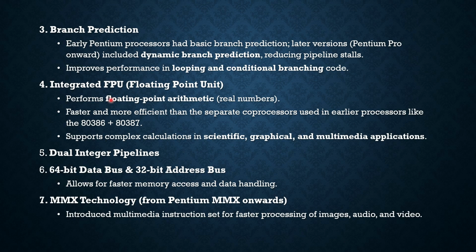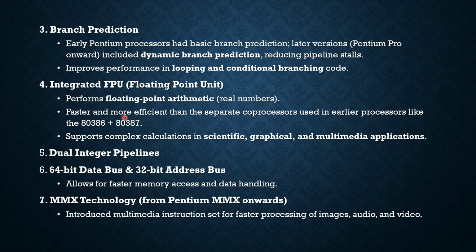Coming to the branch prediction mechanism, early Pentium processors had basic branch prediction. Later versions, from Pentium Pro onwards, include dynamic branch prediction, which reduces pipeline stalls or delays and improves performance in looping as well as conditional branching code.